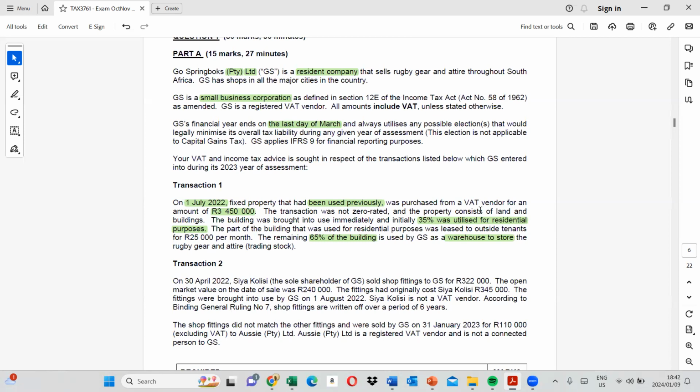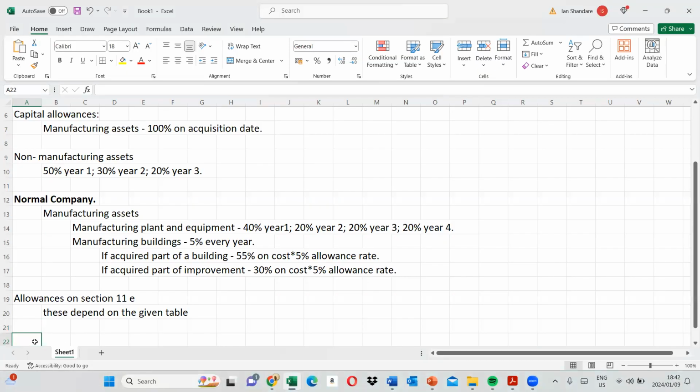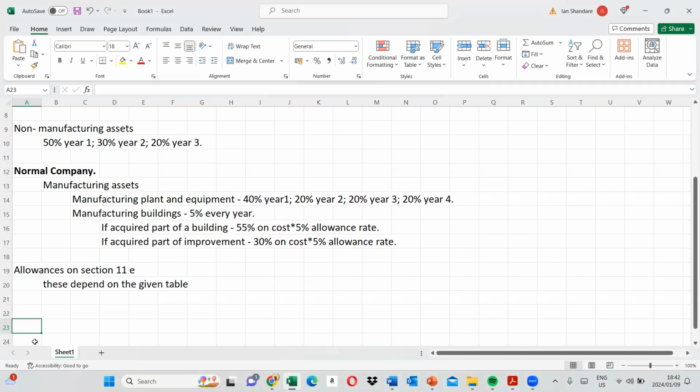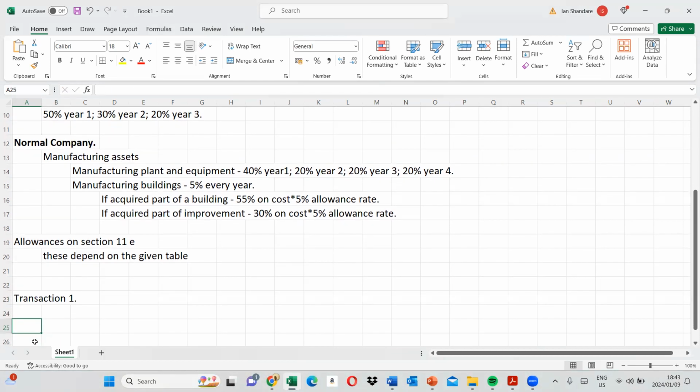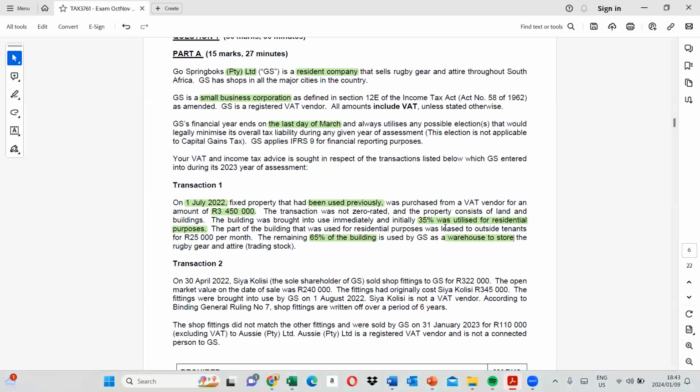So you start with part of the property, transaction 1. 35% of the building is used for residential purposes.